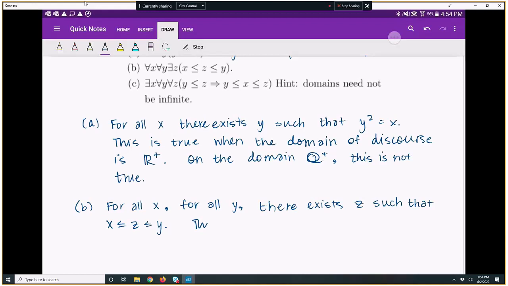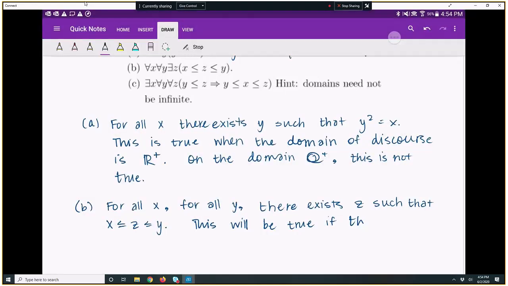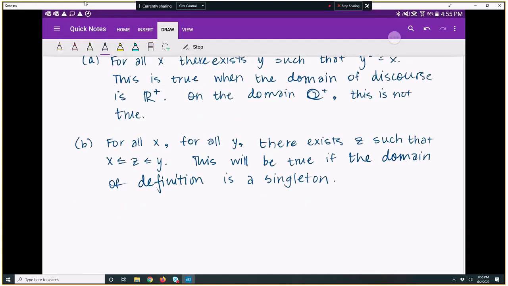So this will be true if the domain of definition is a singleton. So think about singleton 0 maybe.